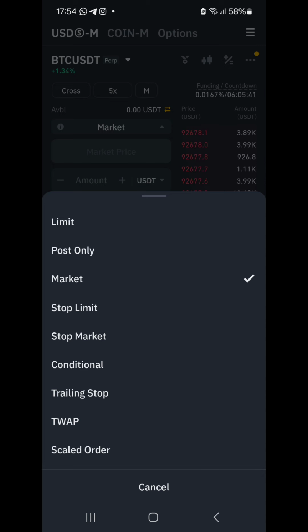Let's look at an example. You set a trailing stop with a $500 offset while Bitcoin is at 30,000. If the price rises to 31,000, the stop loss moves up to 30,500.